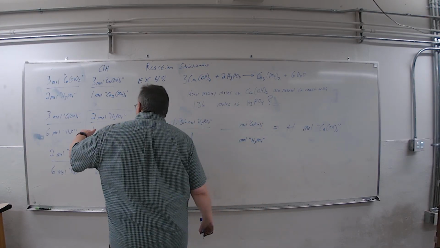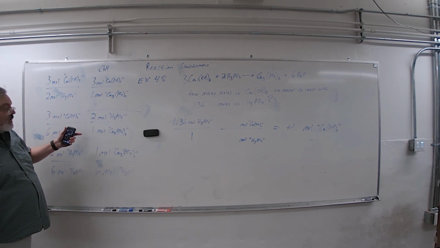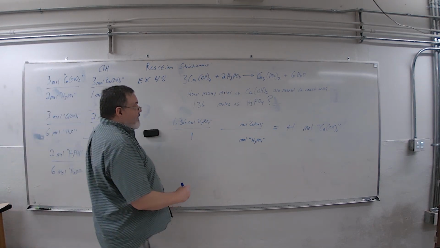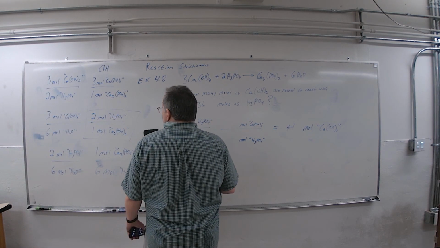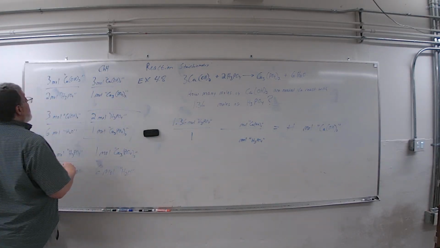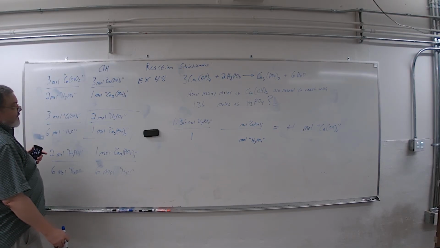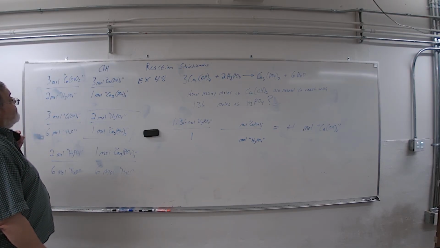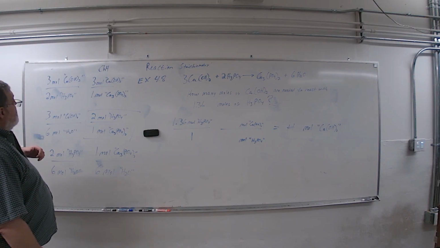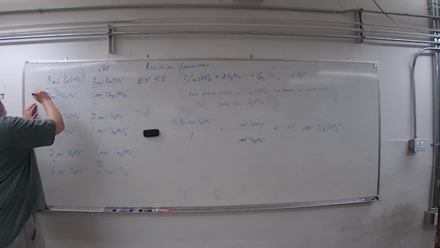And now I'll look back over here, and it turns out I'm using this flipped over. 1 mole of Ca3... No, that's the wrong one. Ca(OH)2. Did I write it wrong? HPO4. Ca(OH)2. It's this one, I think.